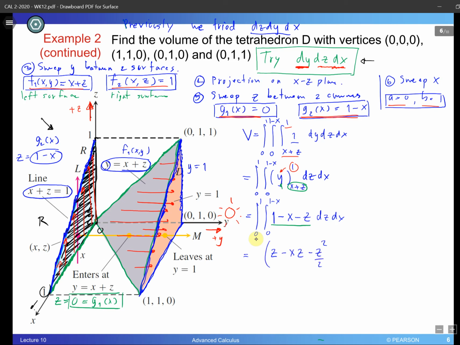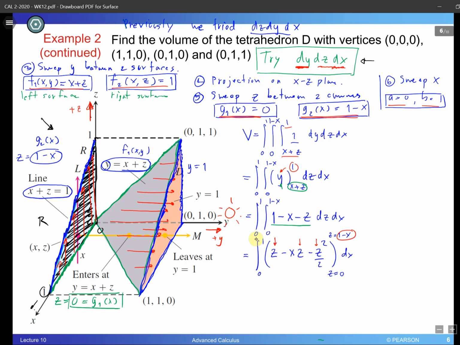And we evaluate this at two values of z. z equal to 0, and z equal to 1 minus x. And we still need to integrate this with respect to x, from 0 to 1. Now z equal to 1 minus x goes in here, right here, and right here. Many terms here, so let me fix this.